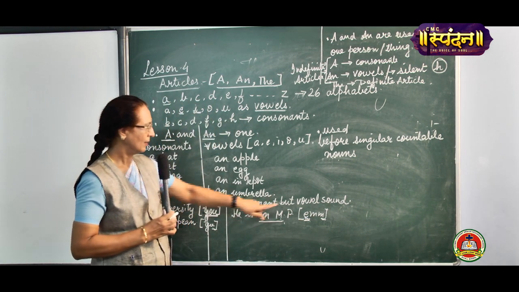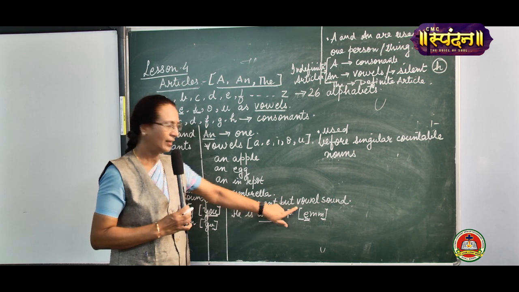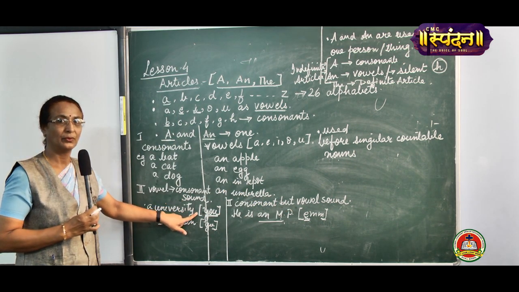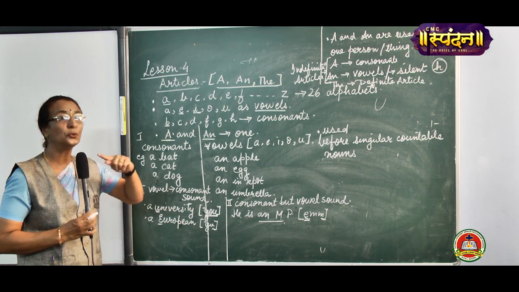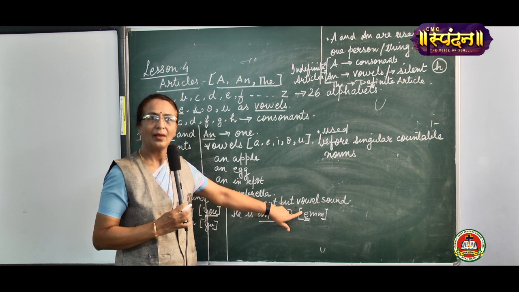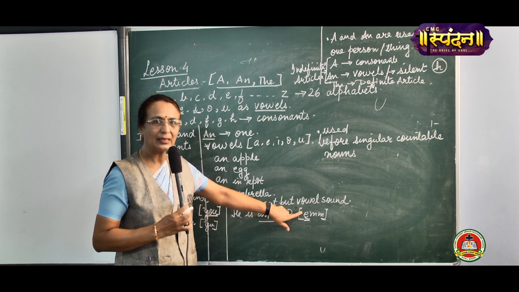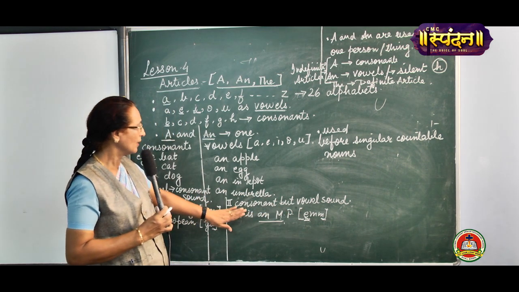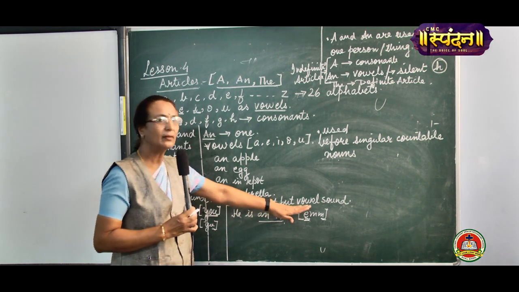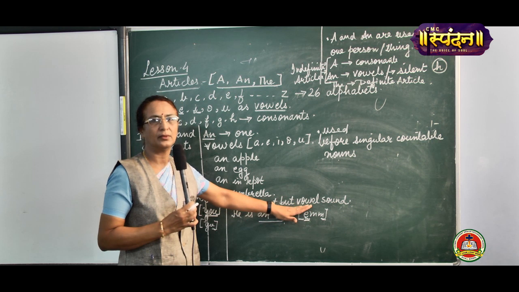MP, vowel sound. Here it was a consonant sound, you. Try to practice you. Here, M. Is that clear? So, though the words are starting with a consonant, they have a vowel sound.